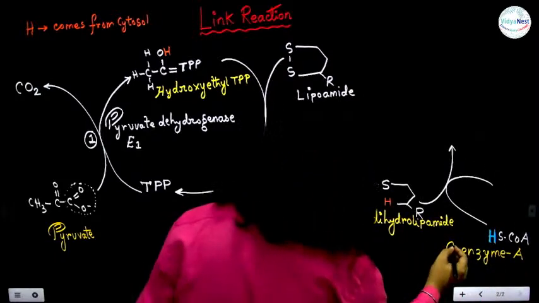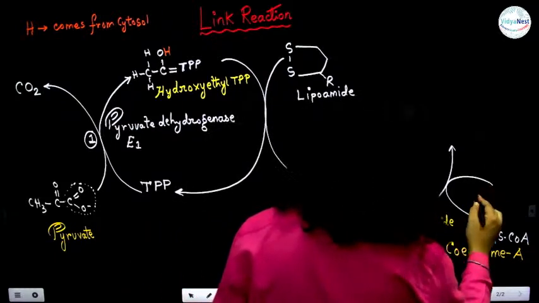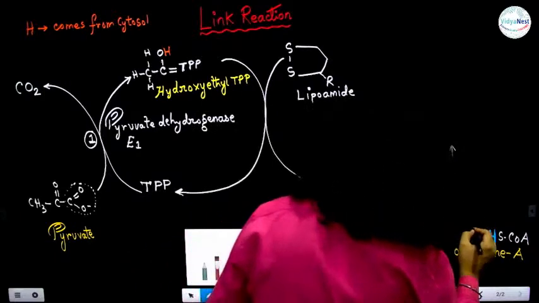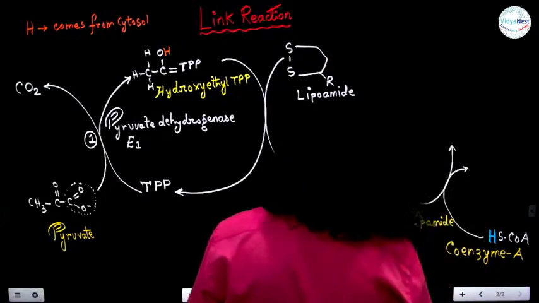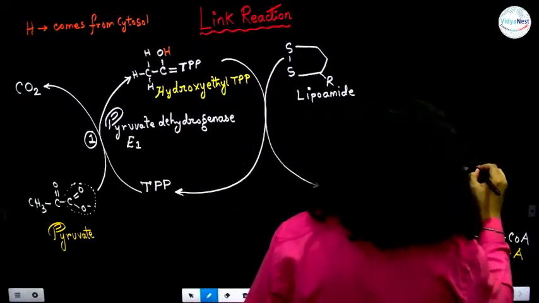This is coenzyme A, which will get converted into this particular thing. It will get converted into acetyl CoA. How will it get converted into acetyl CoA?